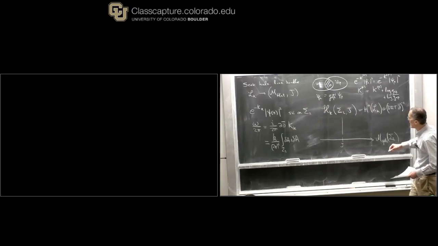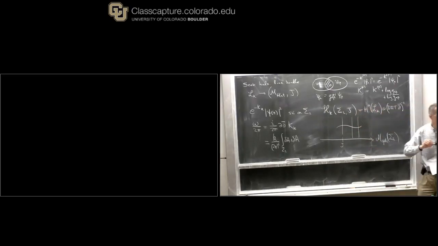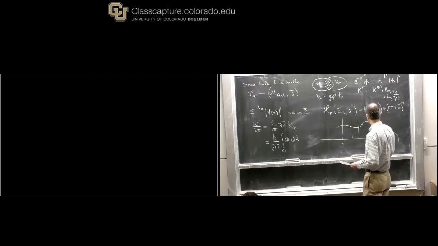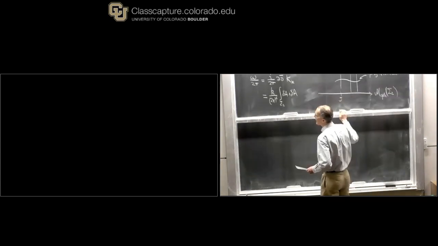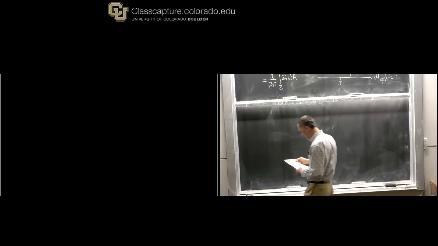So the point is that there's going to be a projectively flat connection on this, which allows an unambiguous identification of all the fibers, a single Hilbert space of states.